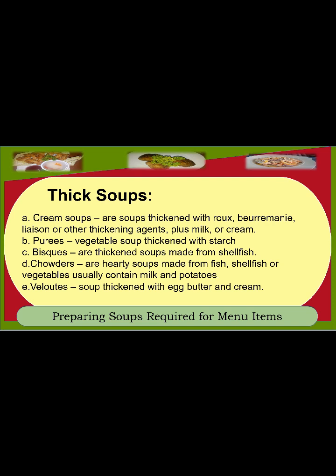So again, we have two classification of soups, the clear soups and the thick soups. Well, the clear, of course, they're not using a thickening agent. It's different from the thick soups, of course, from the word thick soup. So it uses a thickening agent.